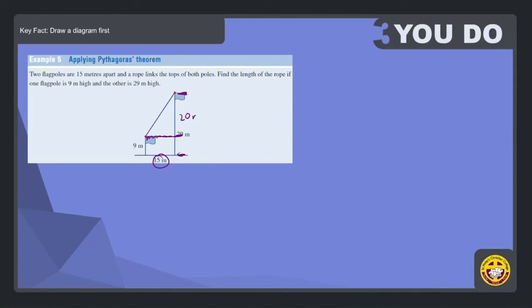That's only 20 meters because we have 9 meters down here. And now you need to find the length of the rope here from the tops of the two flagpoles using Pythagoras. I'll let you guys have a go at that from here completely on your own. Pause the video, please, and when you come back, I'll have the solution for you. All right, and there you go. The answer is 25 meters.